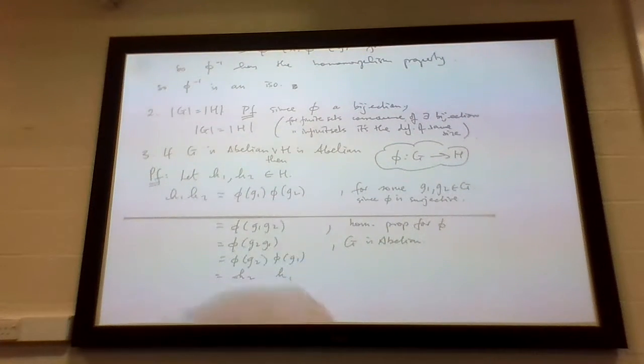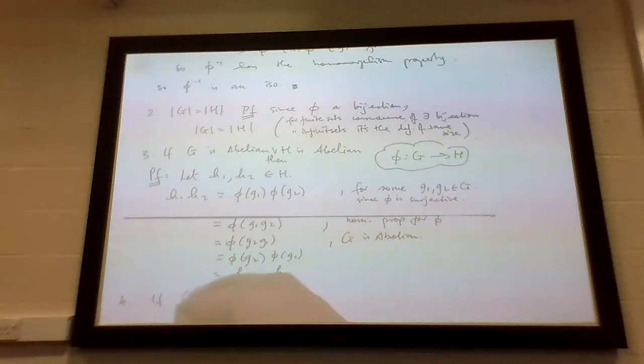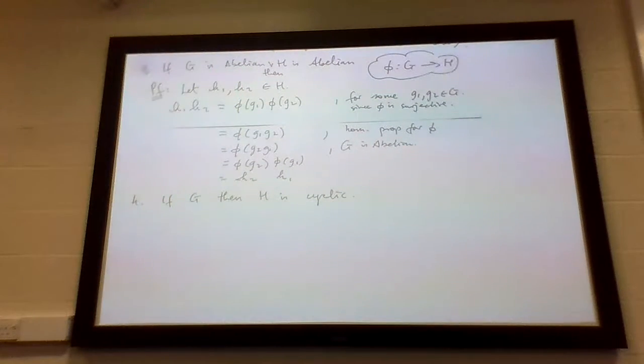And here's another example straight away. If G is cyclic, then H is cyclic. Okay. Where do we start with this? Ingredients are going to be: assume G is cyclic. We're going to prove it directly.